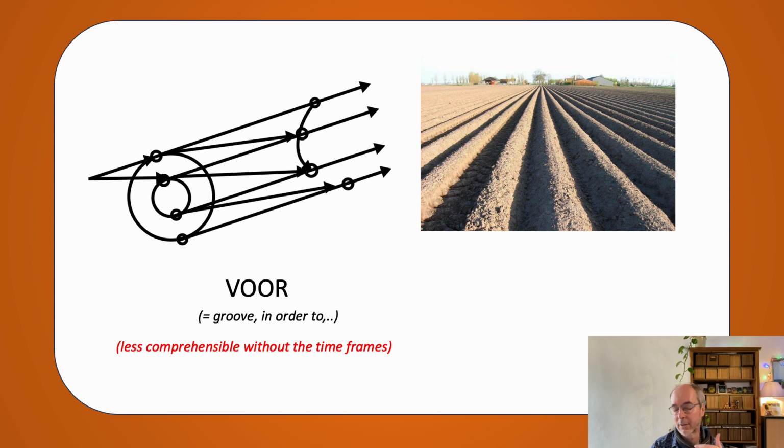So let us emphasize this aspect, because a lot of these letters, the V, the O and the R, are all connected to spatial and time frames. So you understand them better if you also connect them. The same with the VOOR, it has a purpose so that we can do something with it.